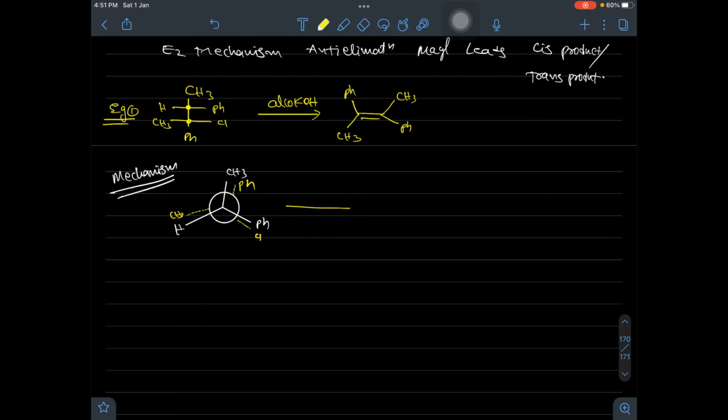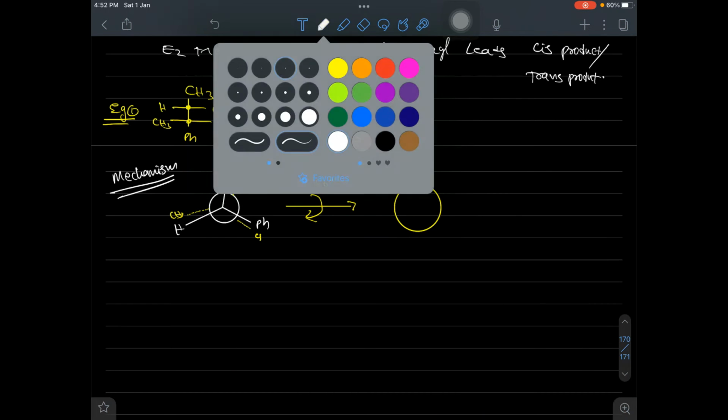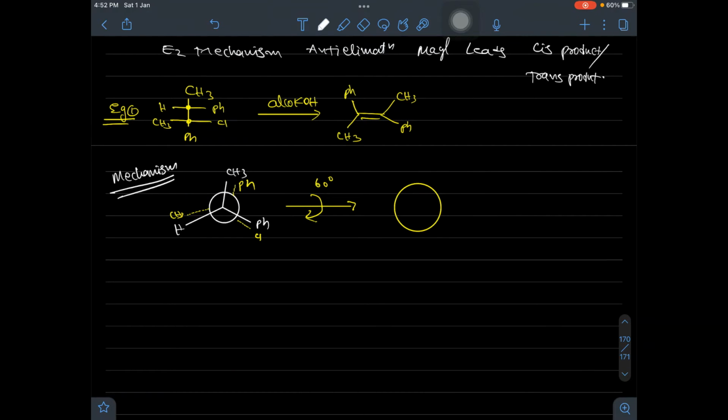This one we make into the anti conformation; rotate it by 60 degrees. When you rotate it 60 degrees, it turns like this.